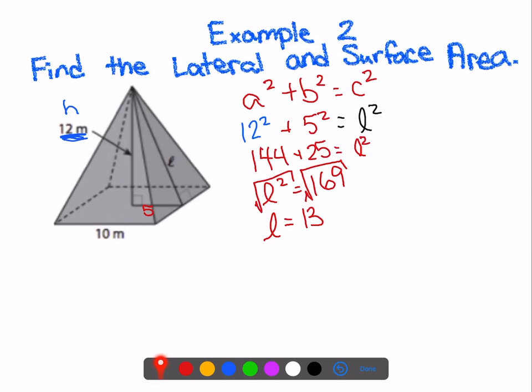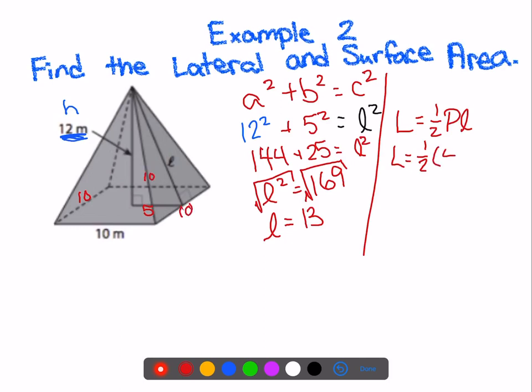Now, again, we have a square base here. So therefore, all side lengths will be 10. So when we're finding out our lateral area, we have lateral area is equal to 1/2 P times L. We'll go ahead and split that. Lateral area is equal to 1/2 our perimeter. Well, 10 plus 10 plus 10 plus 10 is just 40.